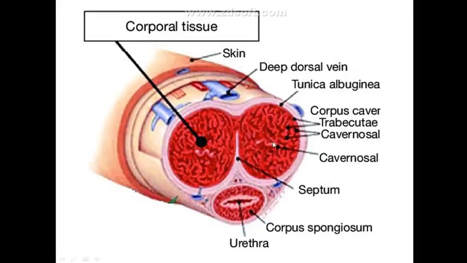You can see the crura, the corpora cavernosa, and they are attached to each other, and below, the groove between them is related to the corpus spongiosum. You can see that the corpus spongiosum also contains the urethra inside it, and you can see the corpora cavernosa and the corpus spongiosum are surrounded by fibrous tissue, which is called tunica albuginea.